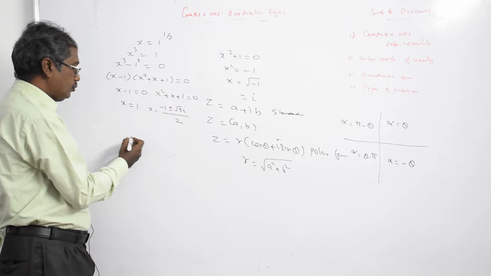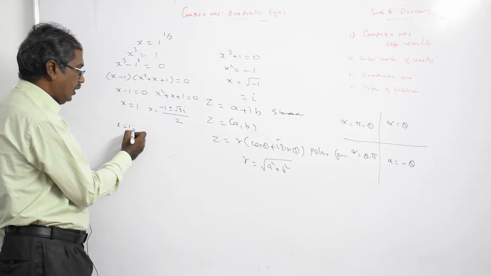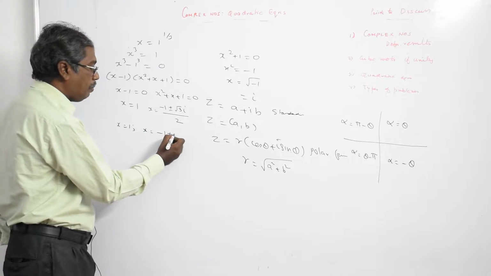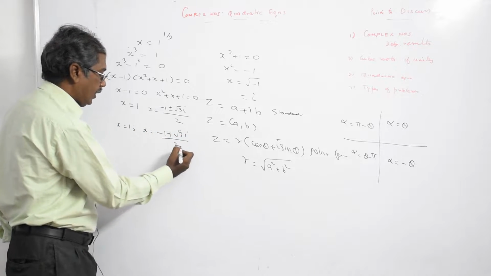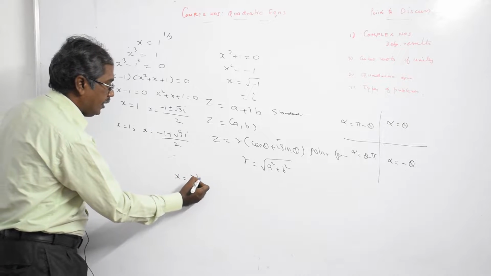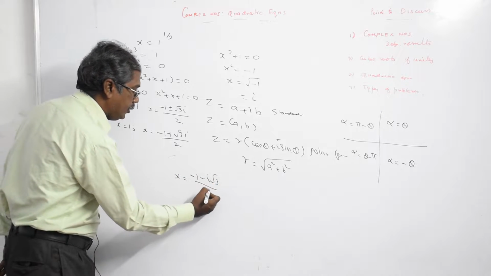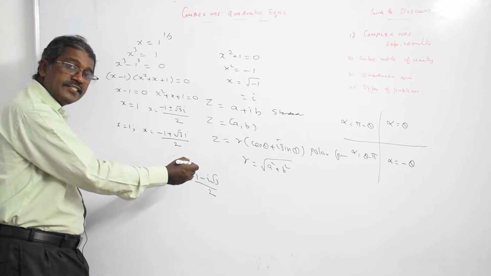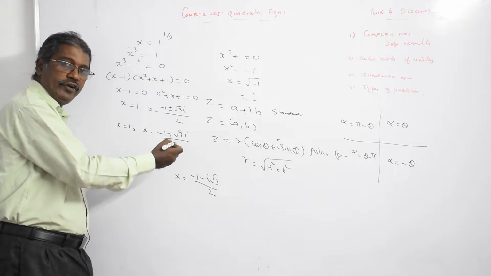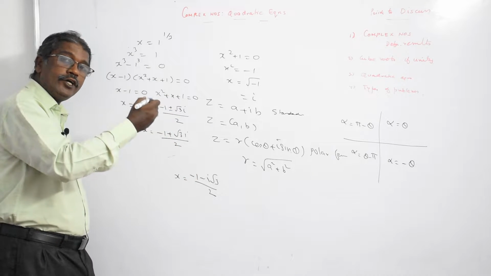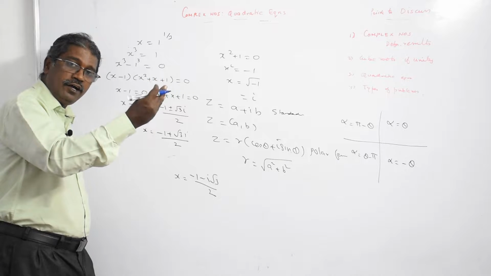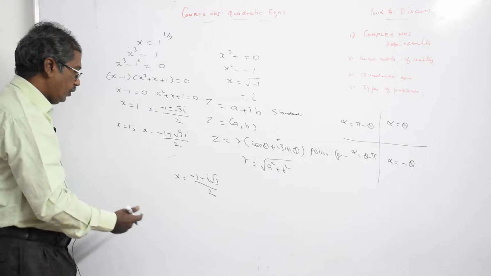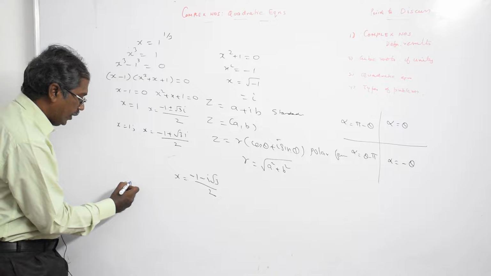So these are three values: x equal to 1, x equal to minus 1 plus root 3i by 2, and x equal to minus 1 minus i root 3 by 2. These three values are represented in cube roots of unity using three quantities omega, omega square, omega cube. So I can take omega cube equal to 1.